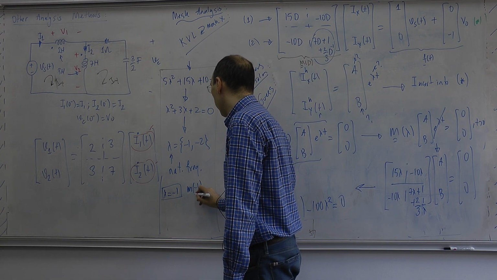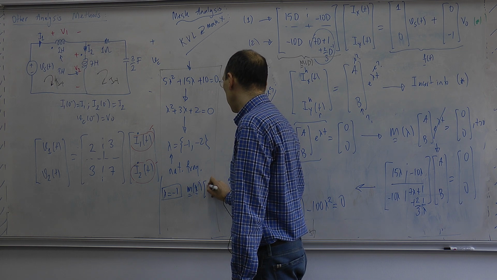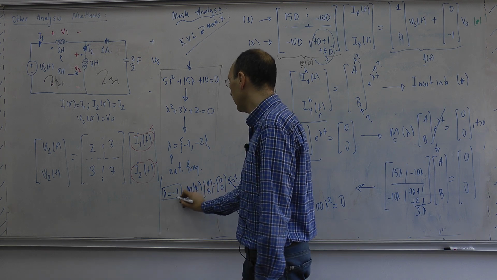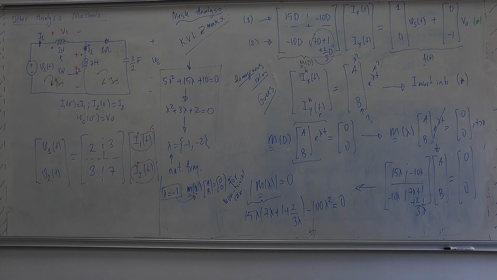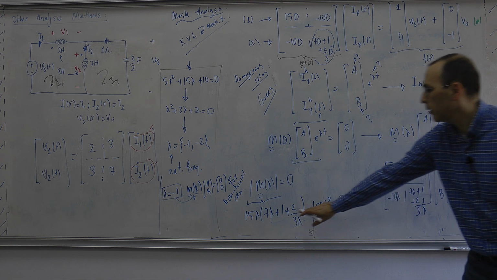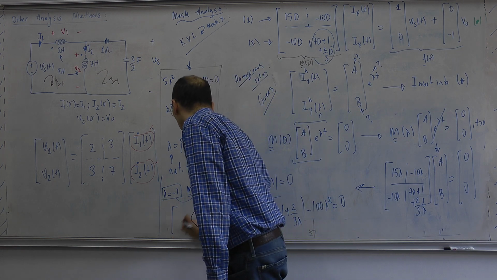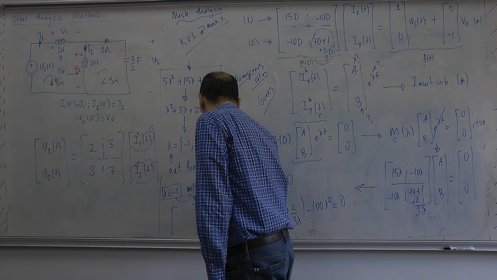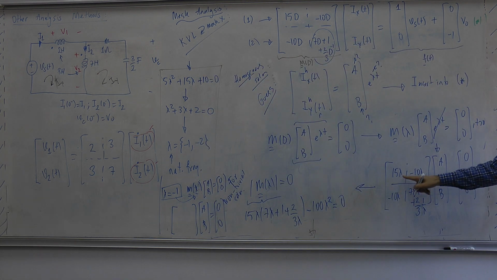M lambda AB is equal to 0, 0, but lambda is equal to minus 1. Okay. So I know that this has to have a non-trivial solution because right now the determinant is equal to 0. So this time I have found natural frequency number 1 as minus 1.